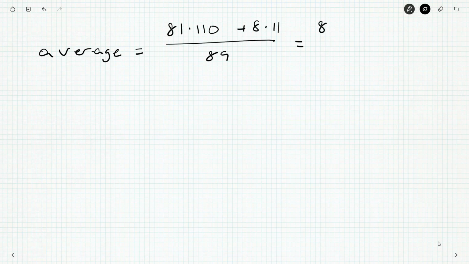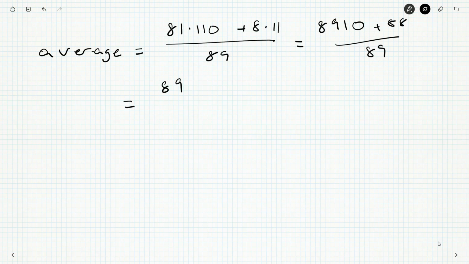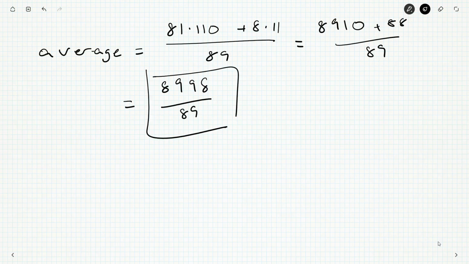We'll get 8910 plus 88 all over 89, and that'll be 8998 over 89. I will just double check whether this has a nice integer answer. No, it's 101.101123. Just leave it like this. Leave it as a fraction because that is the more exact answer. Don't write it out as a decimal.